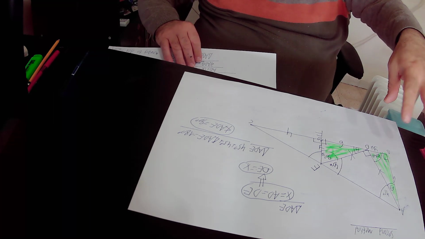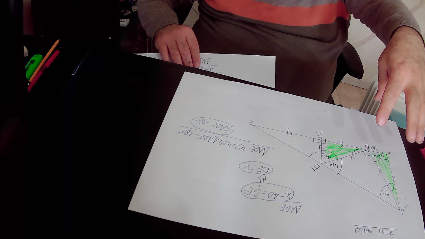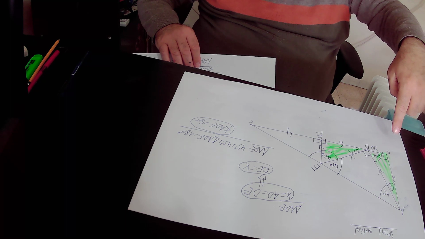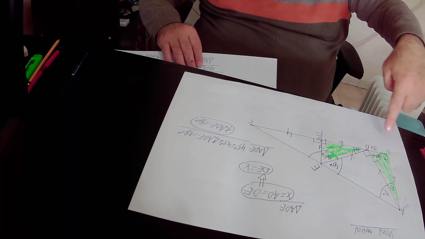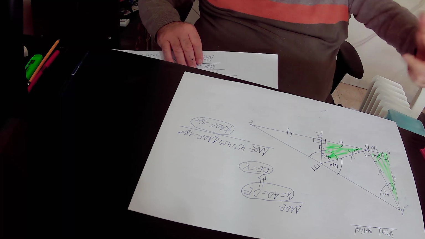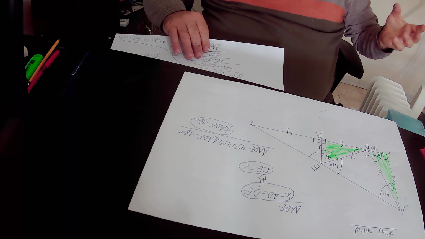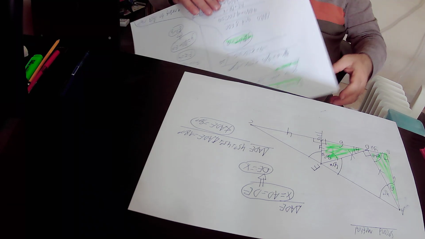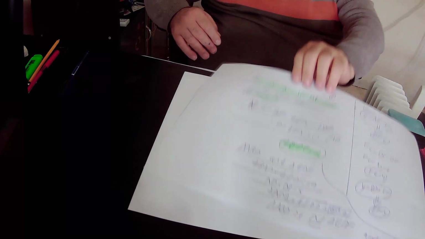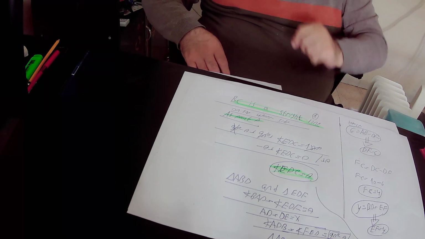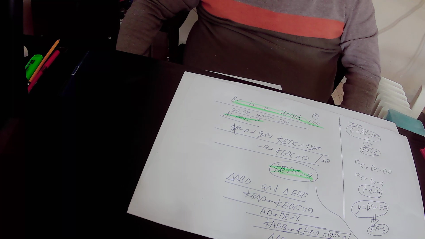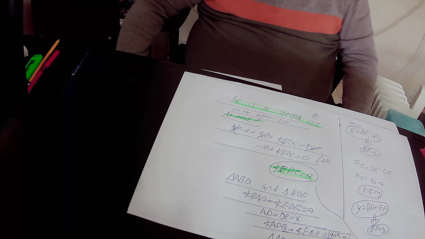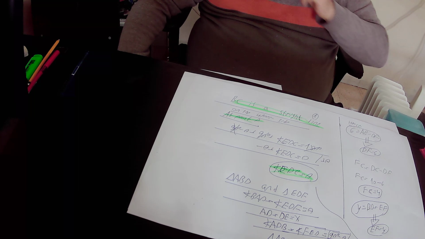But we know that in triangle ABC, side BC is one side of triangle ABC, therefore it is absolutely a straight line. If it's a side of a triangle, it must be a straight line. So BC is a straight line, and we have the rule that the sum of the angles on one side of a straight line equals 180 degrees.